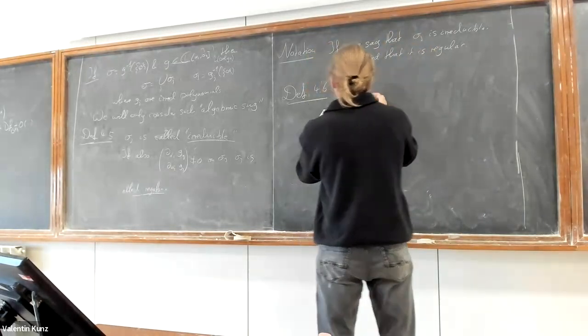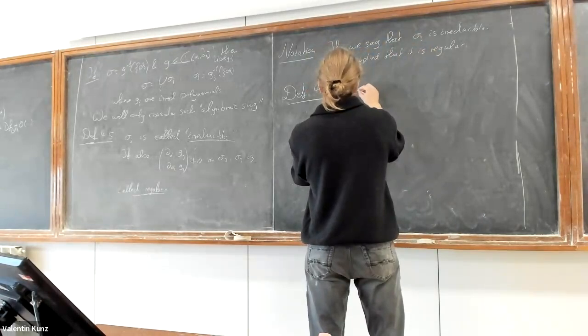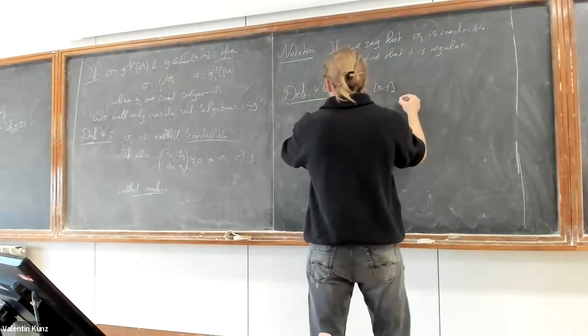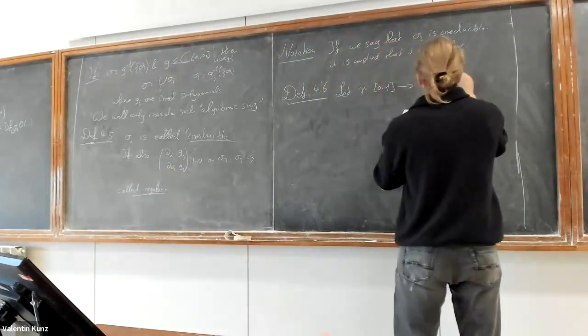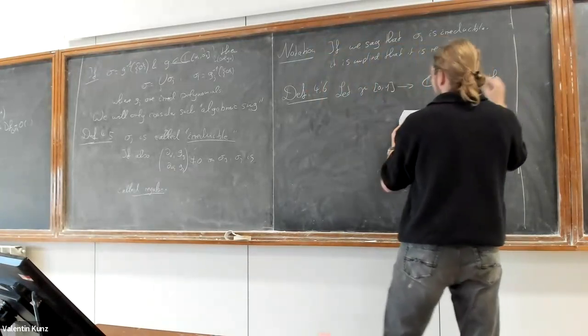The definition is going to be a bit of a mouthful, so bear with me. What we consider now is a path gamma, let that be smooth.